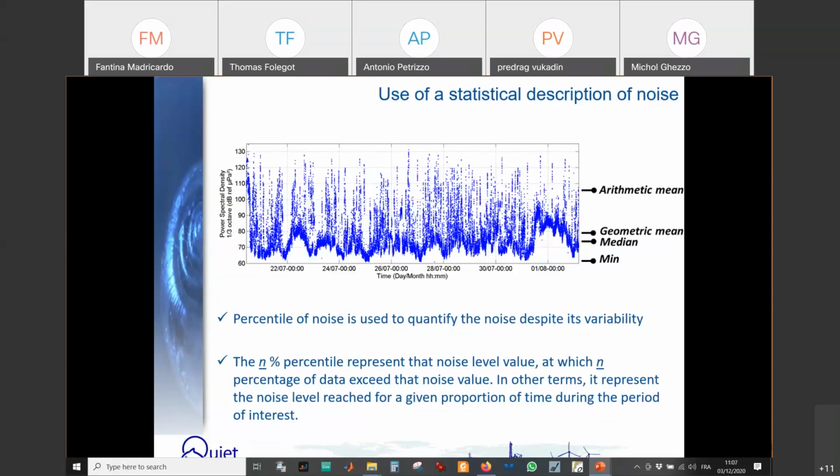Yes, the idea I've been pushing is that the percentile you are going to use should come from the species you are interested in, and the effect you are trying to monitor and control. If, for example, you consider that it's okay for fish to be exposed to 145 decibels 20% of the time, I think this is how the threshold should be formulated.